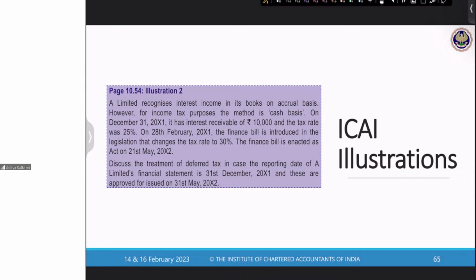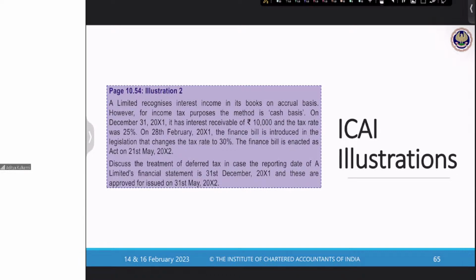So A Limited recognizes interest income in its books on accrual basis. However, for tax purposes, the method is cash basis. On December 31, it has interest receivable of 10,000 and the tax rate was 25%.